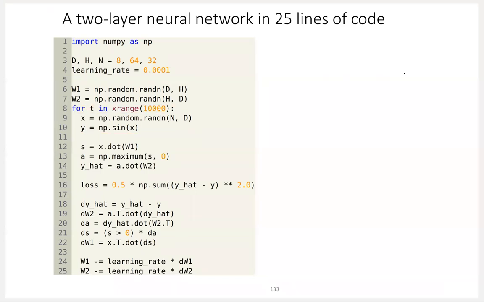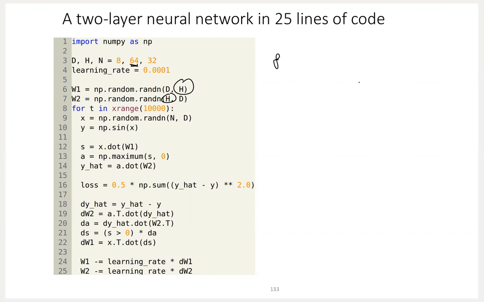Okay, this is just to illustrate how simple a neural network can be. This is an example of a 2-layer neural network. You see you have one hidden layer H here. The hidden layer's dimension is 64. The input dimension is 8.